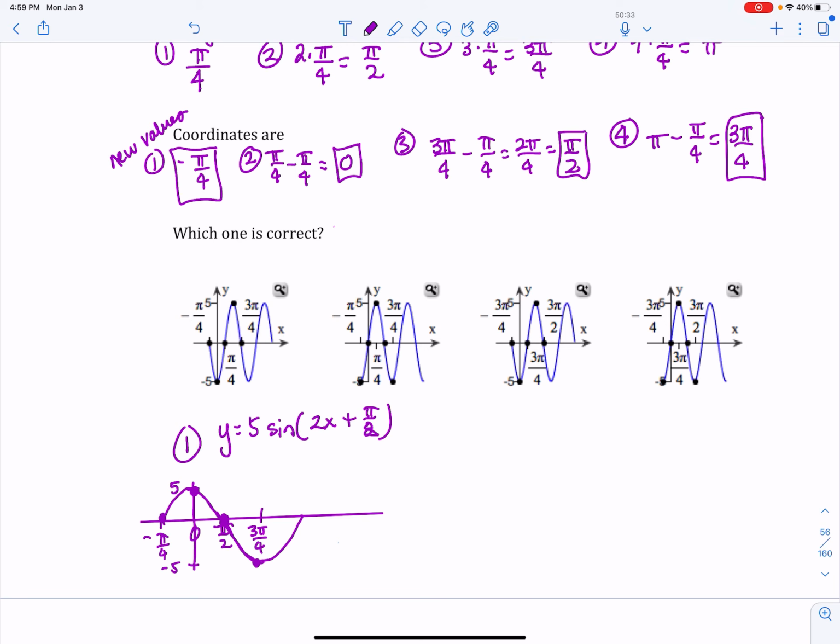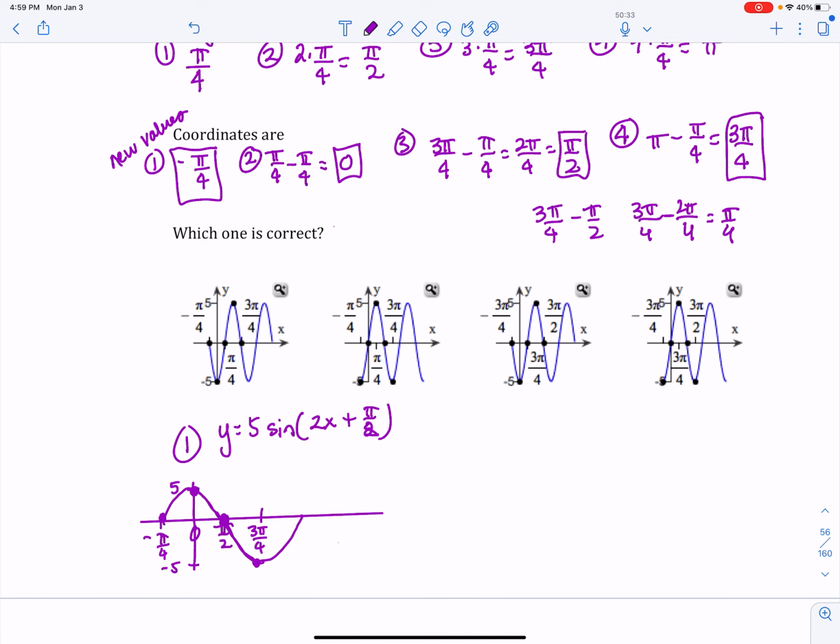The value change is found by taking 3 pi over 4 minus pi over 2, and it's pi over 4.